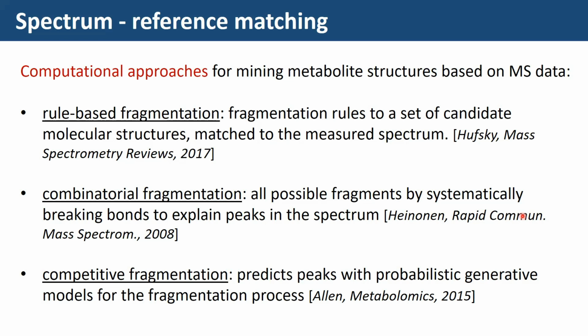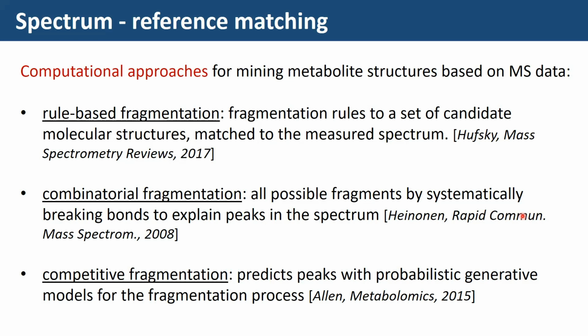This is just a very short overview. One option is to use rule-based fragmentation. It means that you have fragmentation rules, and this gives you a set of candidate molecular structures. Then you try to match these candidates with the mass spectrum that has been measured.